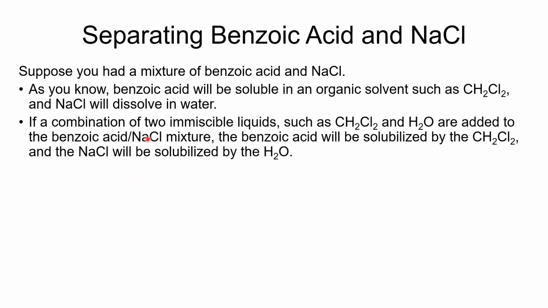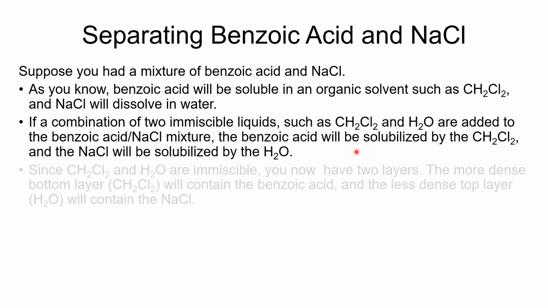If we take a combination of the two immiscible liquids, the dichloromethane and water, and put it in with this mixture and shake it up, because that's what you do with the separatory funnel, the benzoic acid will easily dissolve in the dichloromethane, and the sodium chloride will easily dissolve in the water.